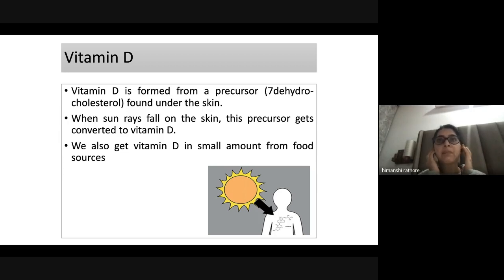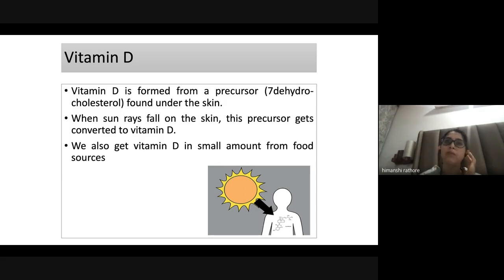First of all, the maximum amount of vitamin D you get from sunlight. You can see in the slide, in the picture, a man is standing and taking vitamin D from the sun, because sun rays contain UV light, and when the UV light falls on our skin, our skin starts synthesizing vitamin D in our body.